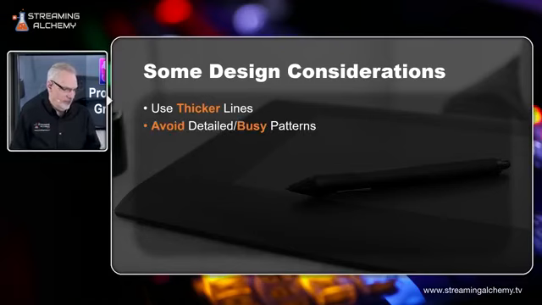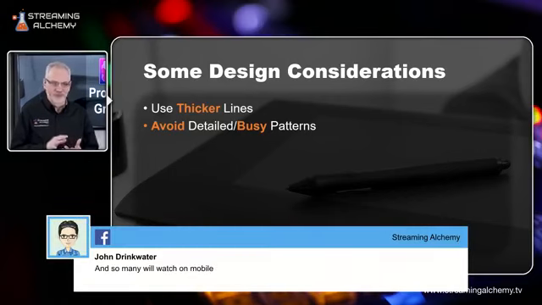The other thing is really related to this, and that's avoid a lot of subtle detail and busy patterns, especially where things are very close together and there are these hard transitions between graphical images.